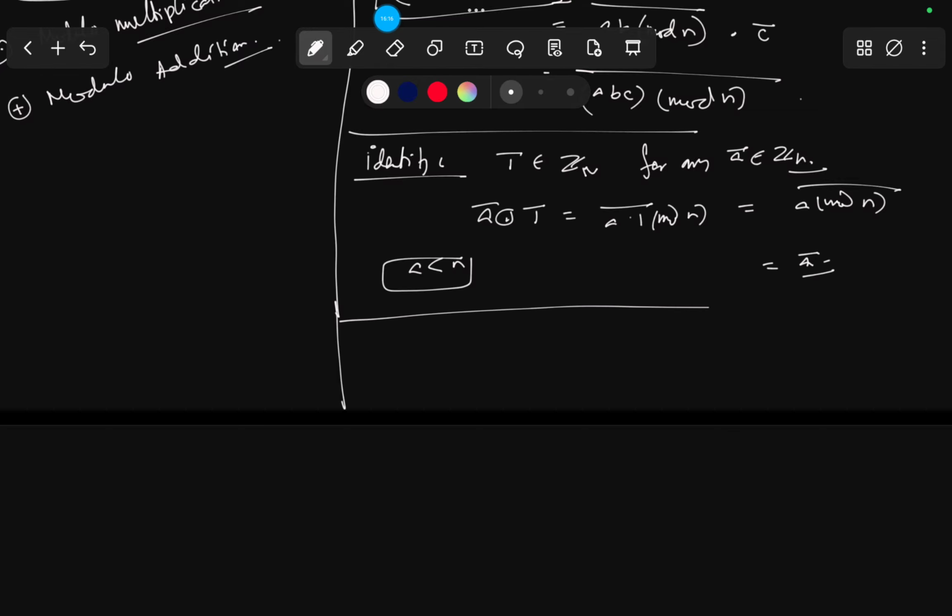But what about the inverse? For inverse, let's assume that a1 belongs to Z mod nZ. If you want to get some inverse of a1, I need some a2 bar belonging to Zn such that a1 a2 bar is 1 bar.